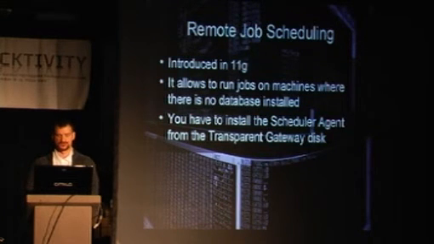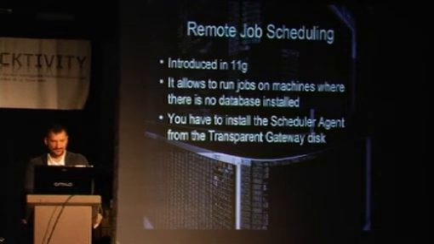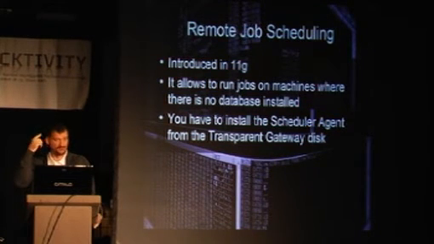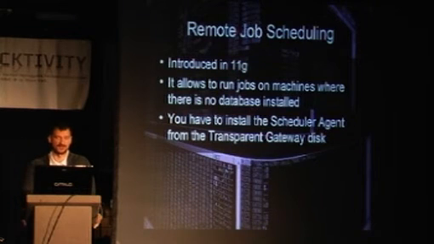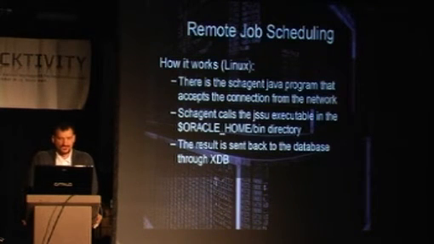Now, some words about remote job scheduling, which is a bit different, but not that different from what we have heard about. It was introduced in 11g. Oracle itself has a job scheduling engine, and in order for it to be able to run commands on remote operating systems without having to install a complete database at the remote side, remote job scheduling was introduced. Obviously, it does need an agent.